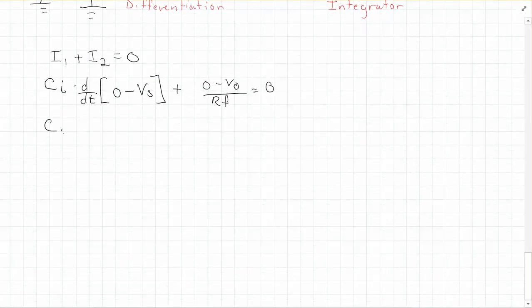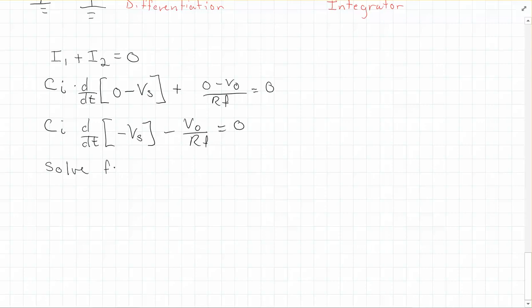Now let's go ahead and do some manipulations here. We get Ci times the derivative of negative Vs minus V out over RF equals 0. And then doing a little bit of solving, remember what we want to solve for. We want to solve for V out.